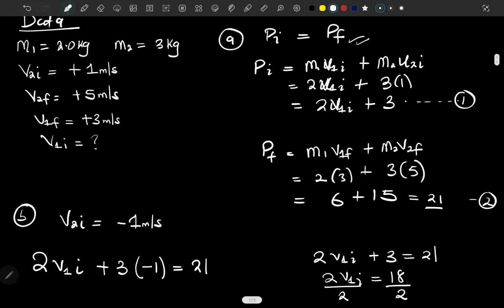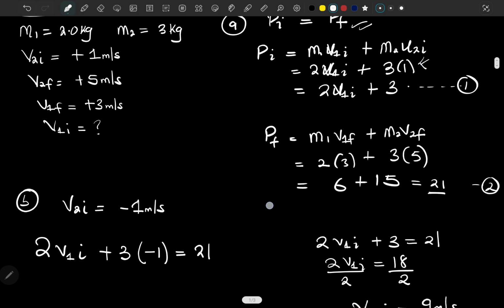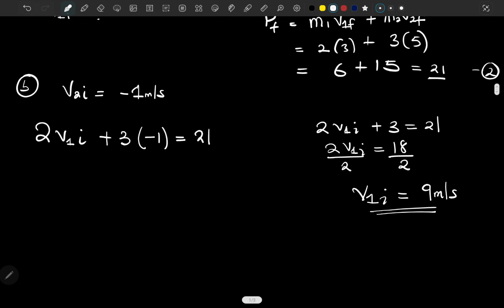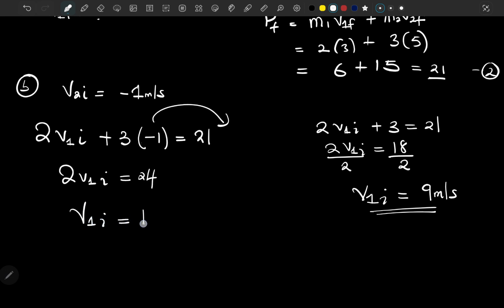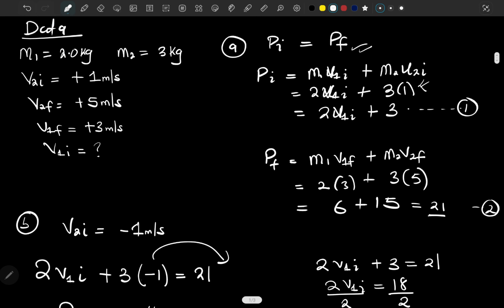The only thing that will change is the value that we had substituted there. So now we get negative 3. Negative 3 goes this side and becomes positive 3, which is now 24, meaning we get 2v1i equal to 24. And this will give you v1i equal to 12 meters per second. That's all.